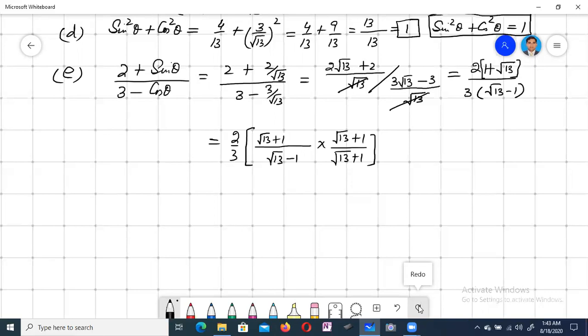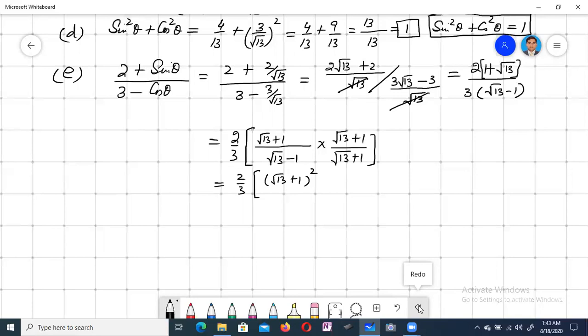Then after that only simplification is there. This 2 divided by 3 as it is. Then inside the bracket, in numerator both terms are same, square root 13 plus 1 and square root 13 plus 1. It means square root 13 plus 1 all square will be there. In denominator, square root 13 minus 1 into square root 13 plus 1.